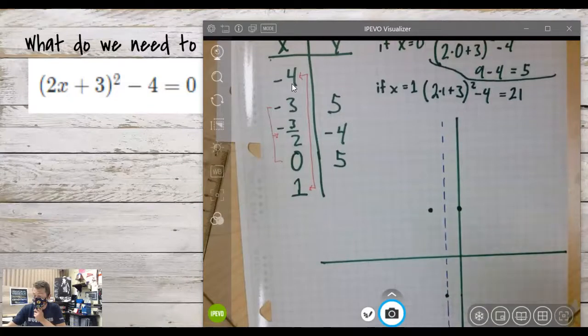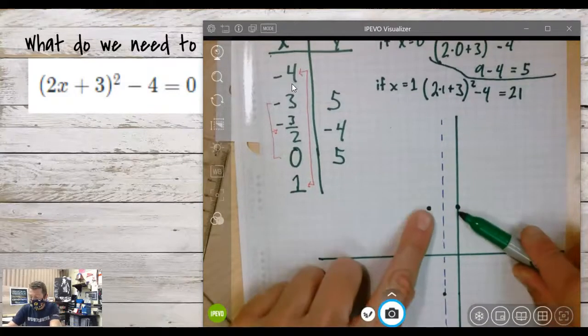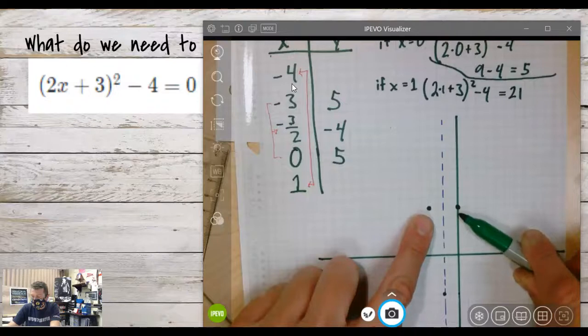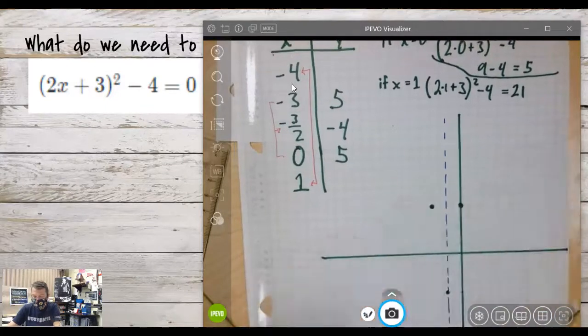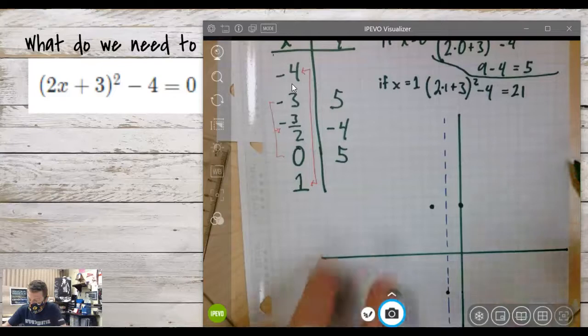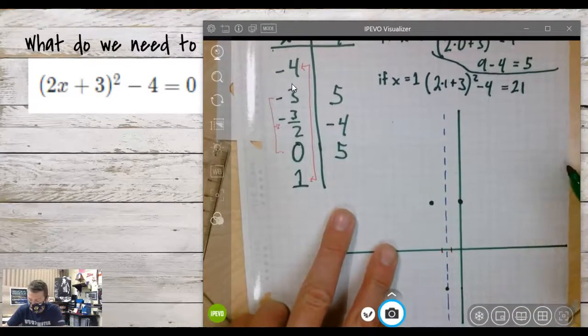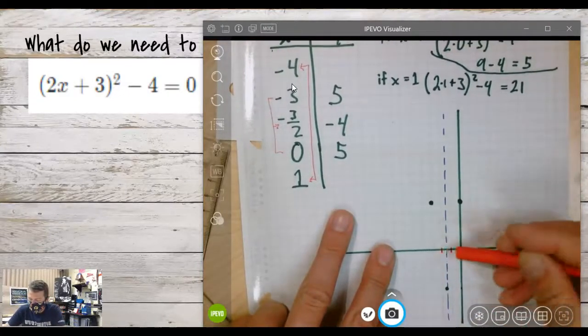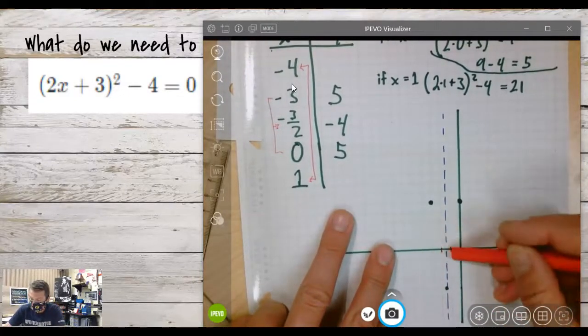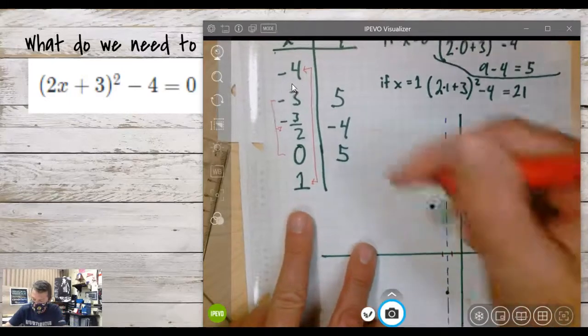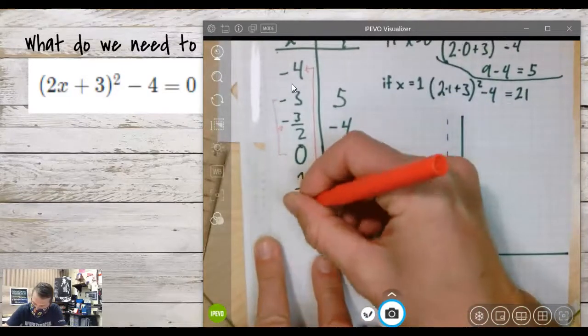A half. Or if we want to go between the line of symmetry and a point that we've already derived, just to see how quickly it gets steep, we could also use these x values, right? These are equidistant from that line of symmetry. So I could use -1 and -2, and those would be the same. And again, our table doesn't have to be in order.